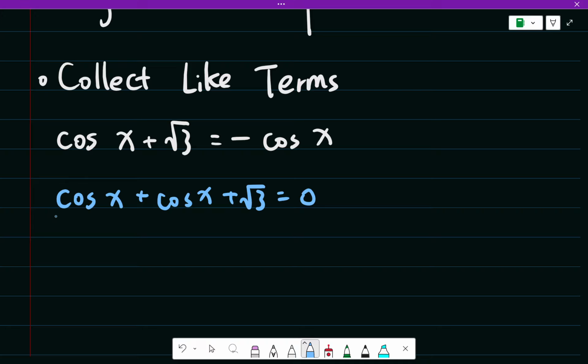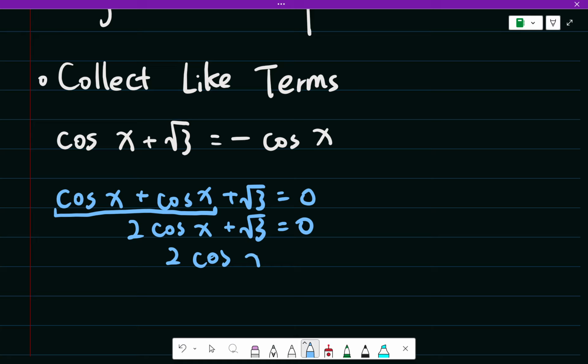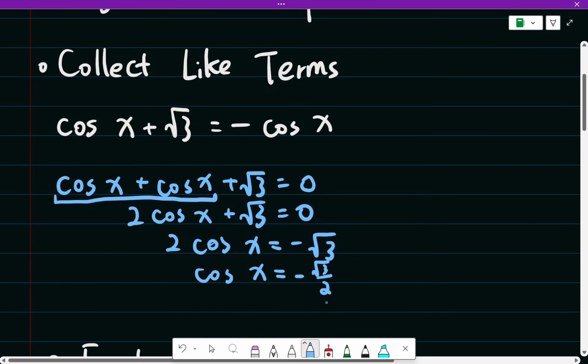And if we combine the like terms, which is the 2 cosine x, we would have 2 cosine x plus root 3 is equal to 0. And if we move the square root of 3 over to the right side, we would have negative root 3. And then divide 2 on both sides, we would have negative root 3 over 2.